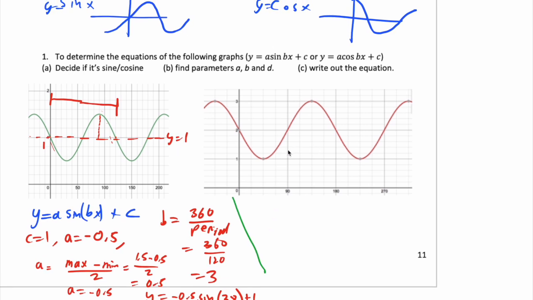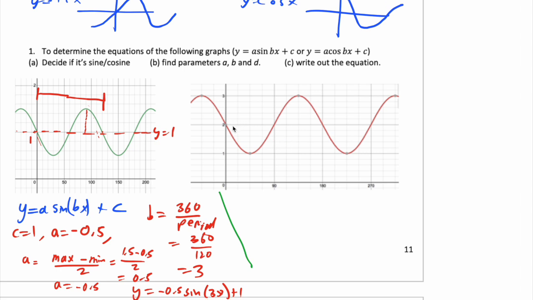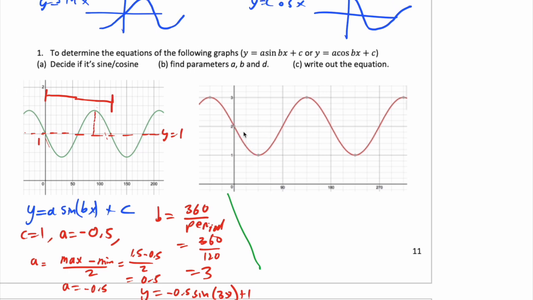Okay, now, next one. This is also sine, and it's also flipped upside down, so the a value is negative because it's reflected over the principal axis, and it's negative 1 in this case. The distance from the principal axis to the minimum there is negative 1. B is always 360 divided by the period.